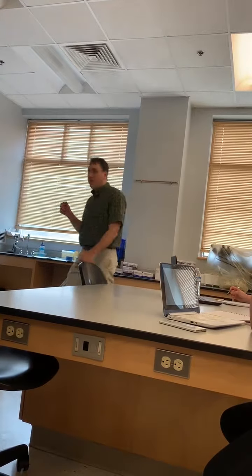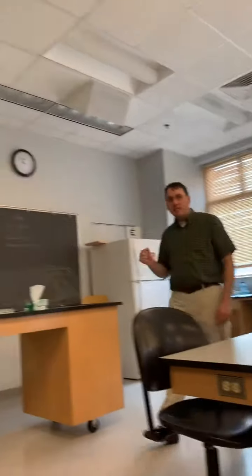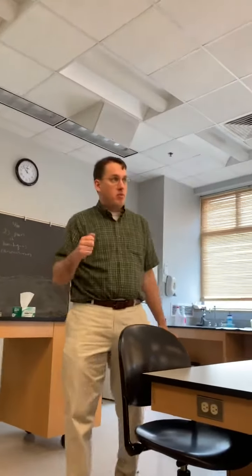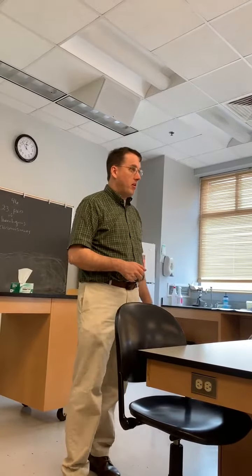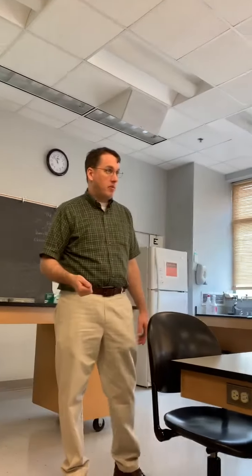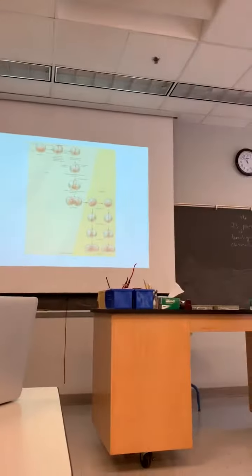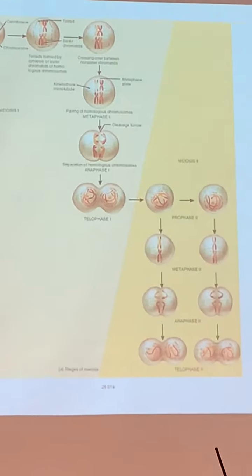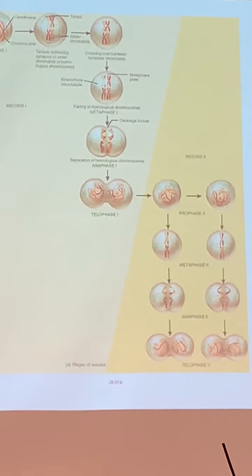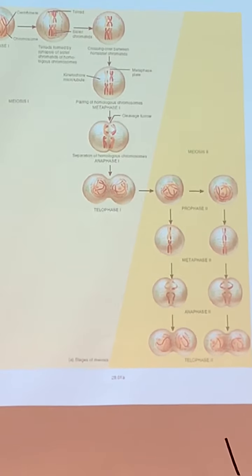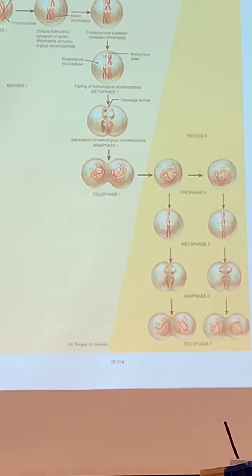Now, the process of producing these gametes begins in the same way as the process of normal cell reproduction, what we call mitosis or somatic cell reproduction. We first begin with interphase, right? And you recall in interphase, one part of that was called S phase, and in S phase you duplicated all your DNA.